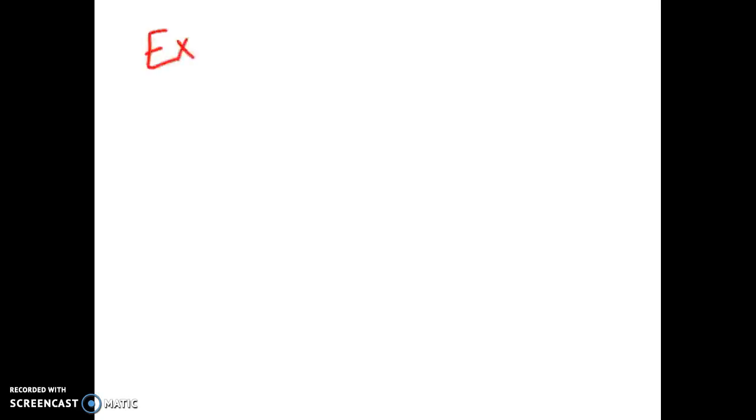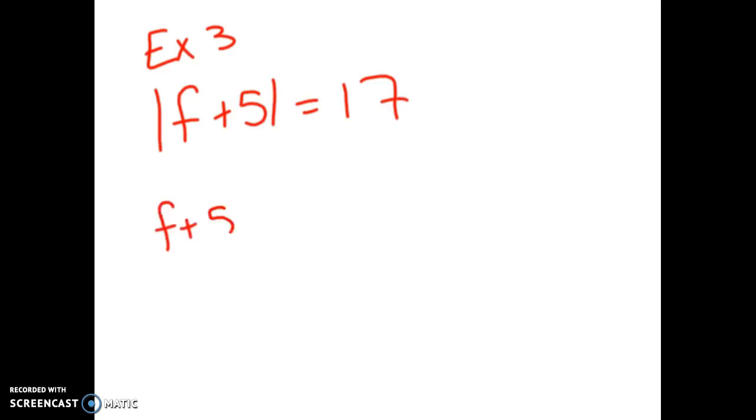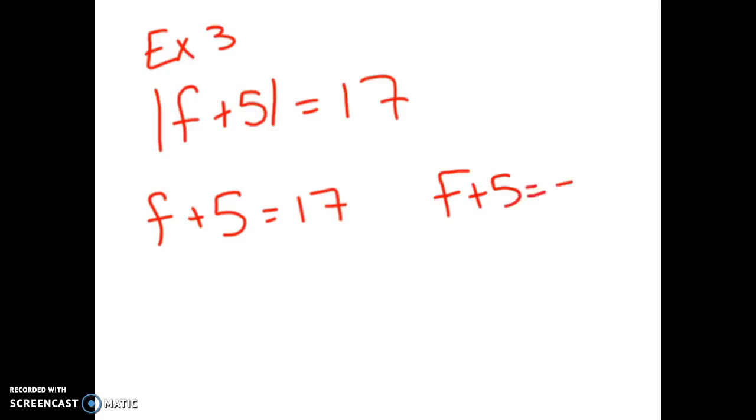So we have example 3. We have the absolute value of f plus 5 is equal to 17. We have to break it up into the positive and negative. So we have f plus 5 is equal to 17, without the absolute value sign, and then f plus 5 is equal to -17.